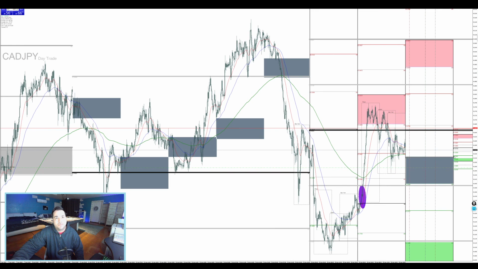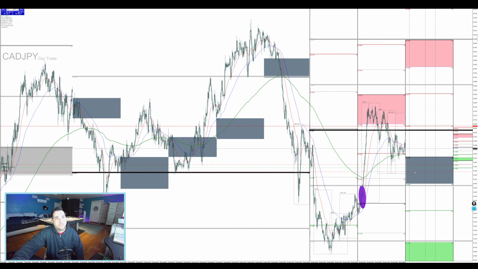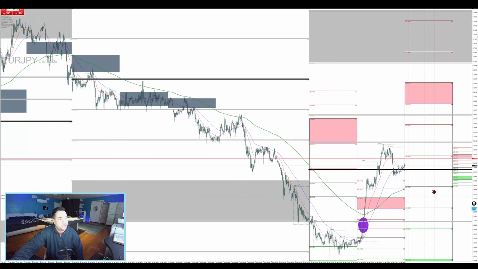This one's fine. Didn't notice that until I opened it up. Okay. And the last one is the euro yen.